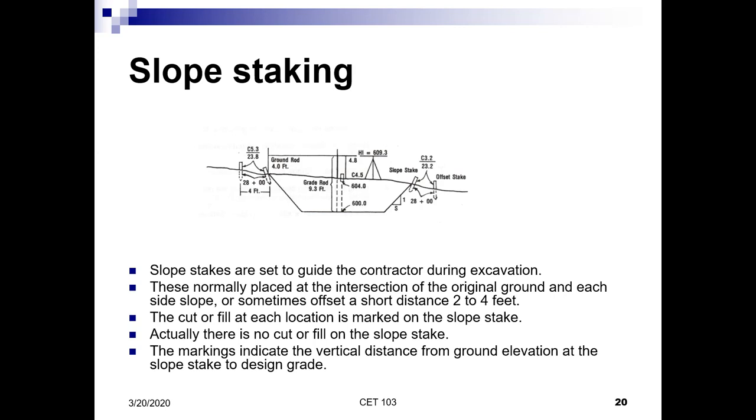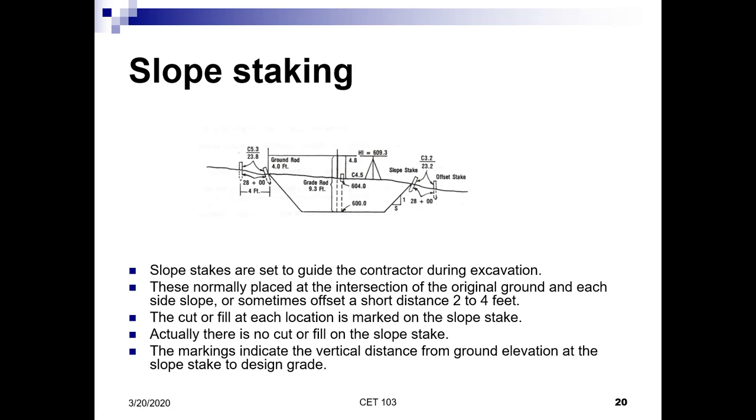So in this situation, you can see an example where there's an instrument set up. There was a reading of 4.8, or there was an elevation of the existing ground at 604. The height of the instrument at this time was 609.3.